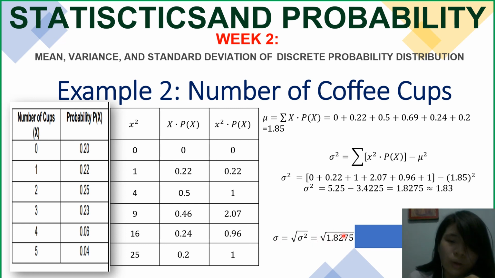So, that is square root of 1.8275, that is equal to 1.3518, and so on, which is approximately equal to 1.35. So, stay lang tayo kasi 1 lang naman siya. So, we will not round it up anymore. So, our final answer is 1.35. So, that is example number 2.